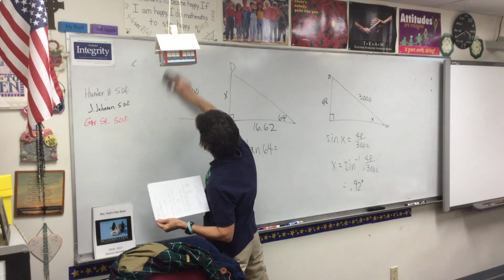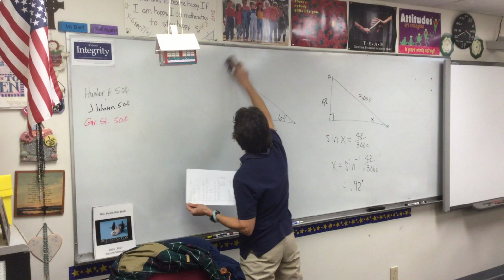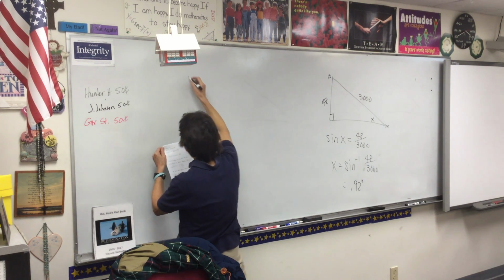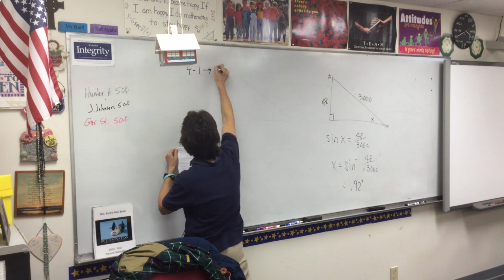Because this has everything except the word problems and the inverses in it. So this is the Review 4.1 to 4.5.